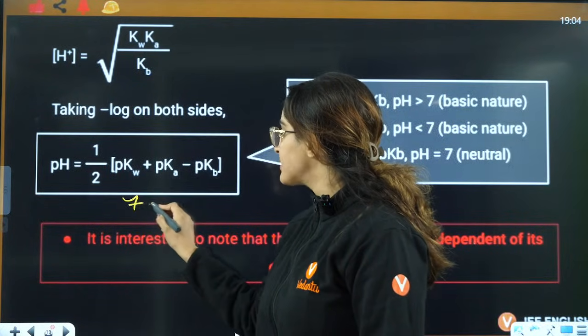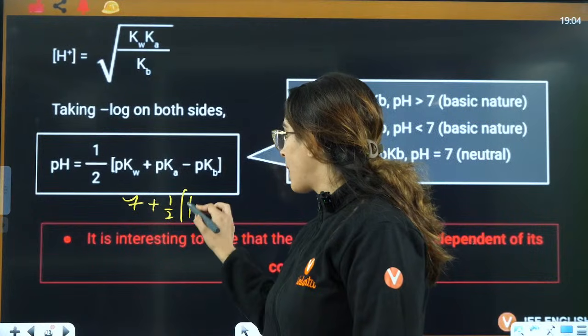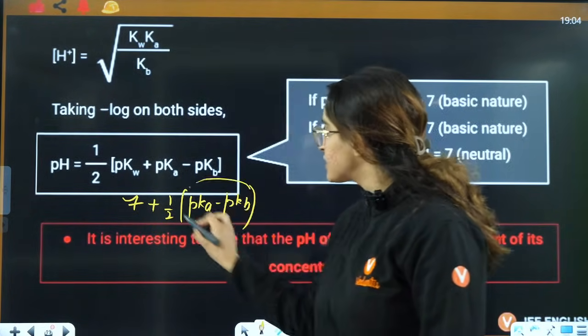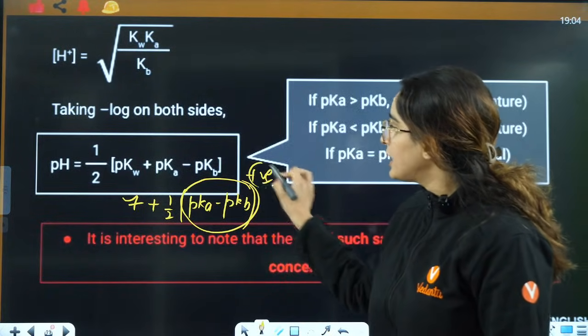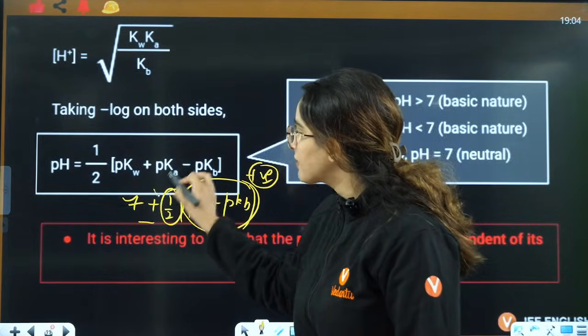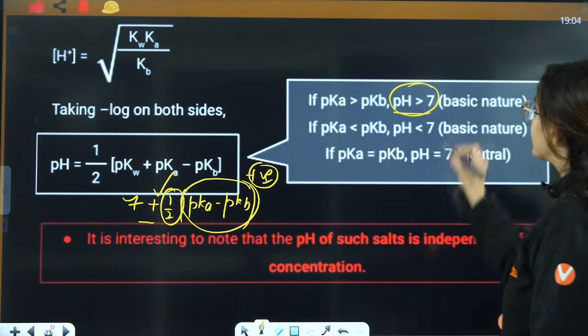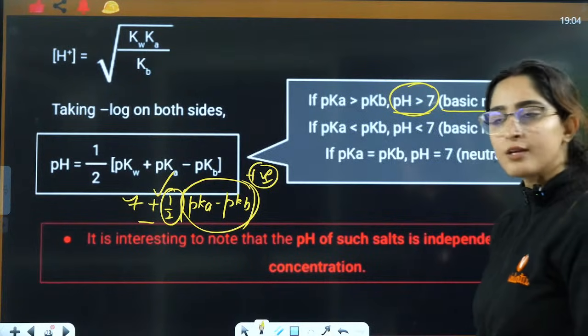It is actually 7 plus half of pKa minus pKb. If this value is positive, then you add something here, so it will be greater than 7. So pH is going to be greater than 7.